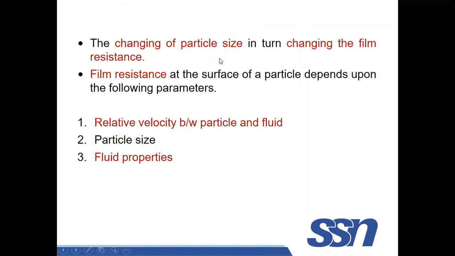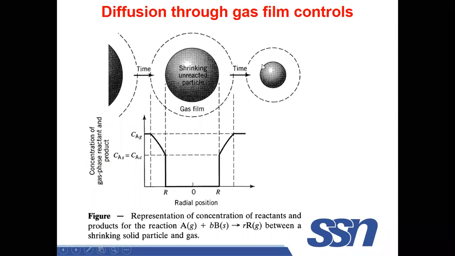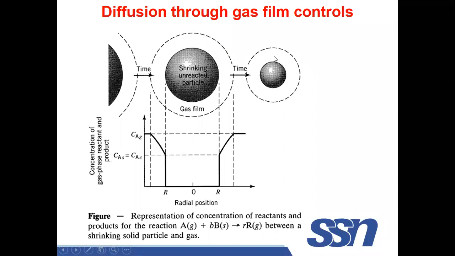So the changing of the particle size in turn changes the film resistance. The film resistance is on the surface of the particle. As the particle shrinks, the surface area is getting reduced. Therefore, the area which is being wetted by the gas is also changing, right?